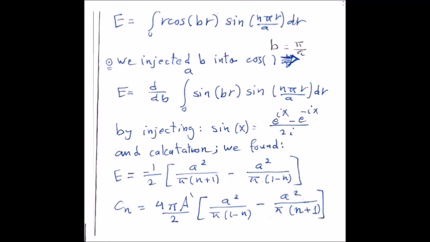For example, I call it A prime, equal to A_n, which is equal to 1 over the square root of 2 pi multiplied by a over pi to the power 2. And c_n will be given by this formula here.